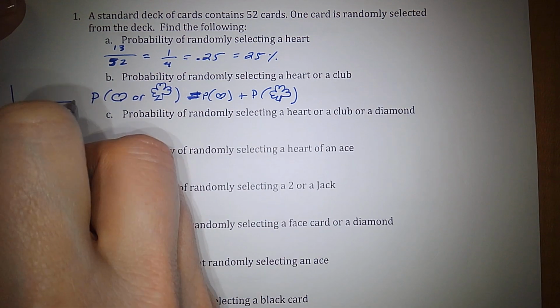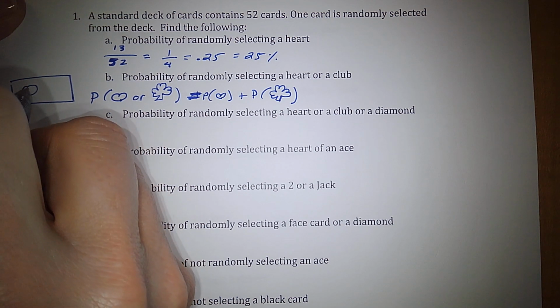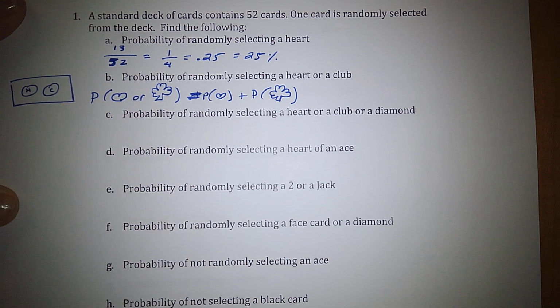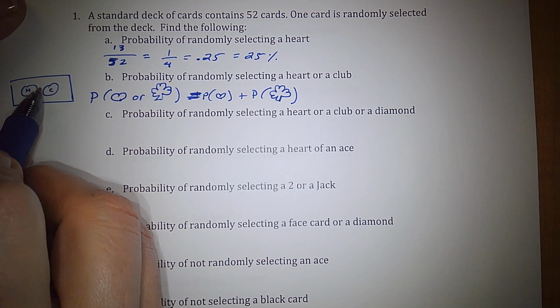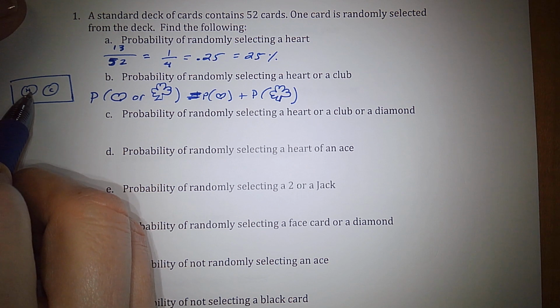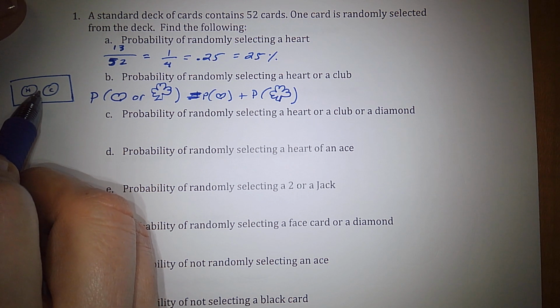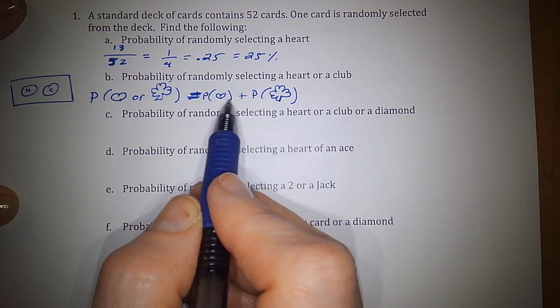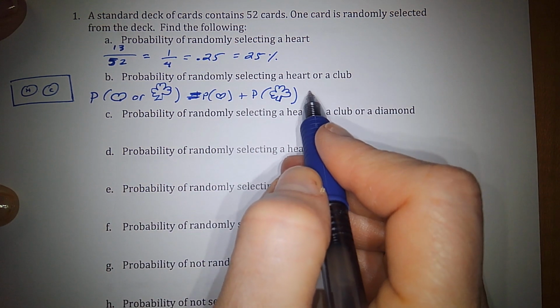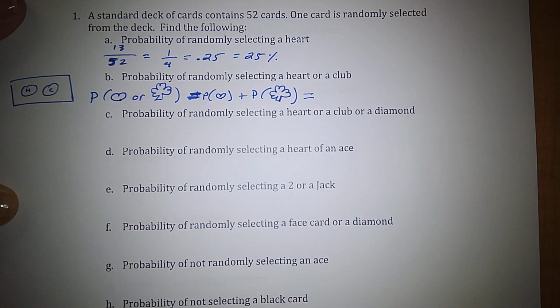In other words, when I look at the Venn diagram and I have hearts over here and clubs over here, are they mutually exclusive, or do they share some cards in between? In other words, is there a card in the deck that is both a heart and a club at the same time? And the answer is no. They do not share any cards in common. So therefore these are mutually exclusive. So all I have to do is add their probabilities together, and I don't have to worry about subtracting out the middle.